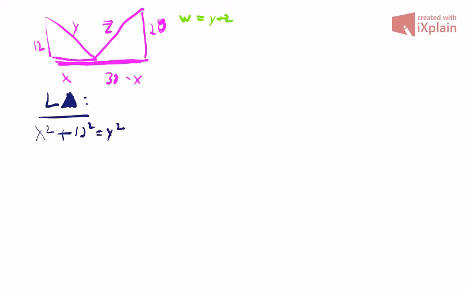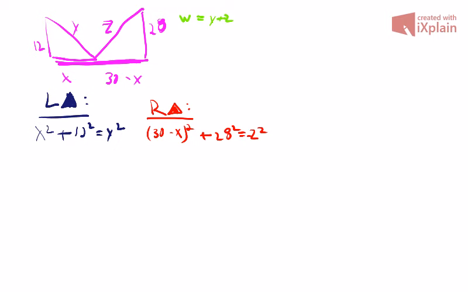And now we have our right triangle, because we don't want that one to feel left out either. That one will be (30 minus x) squared, because that's the bottom, plus 28 squared, equals z squared.